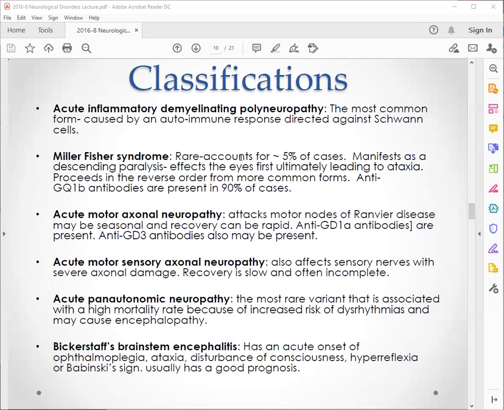It's rare, accounting for less than 5% of cases. It manifests as descending paralysis, affects the eyes first, ultimately leading to ataxia. And it proceeds in the reverse order of the more common forms. The more common forms would start with peripheral paralysis and then ascend to central paralysis.